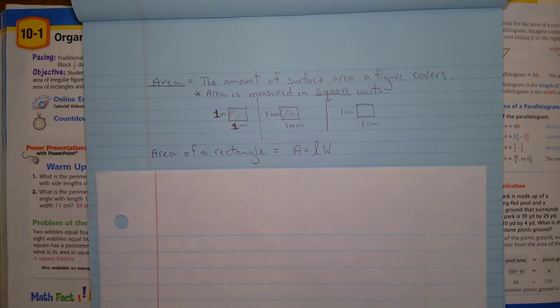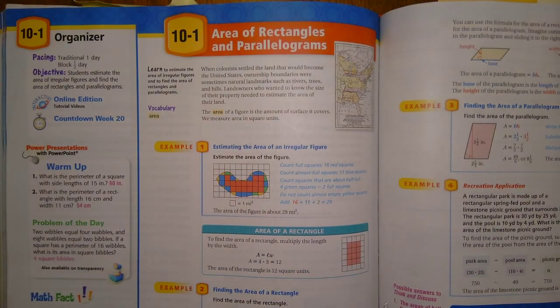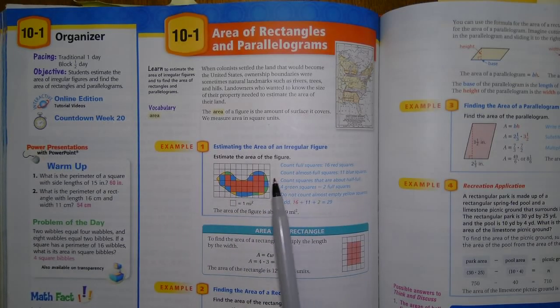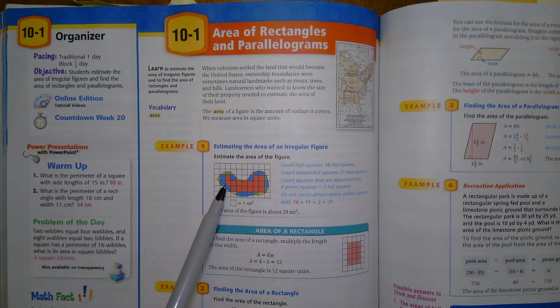All right, so moving forward, to start this lesson off, we need to first do some estimating. Example 1 is estimating the area of an irregular figure. This is one of the state standards that we definitely need to know, so we're just going to be touching on it again because you know how to do it. We've done this before, but just to recall it, the first thing we're going to do is count all the full squares, which are the red ones.